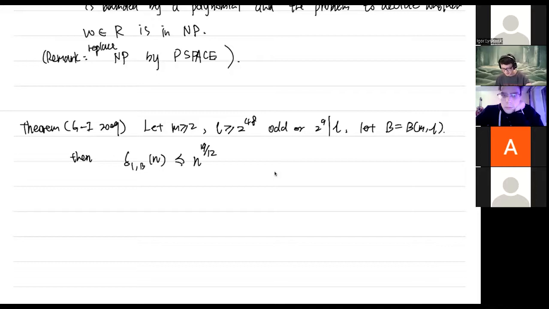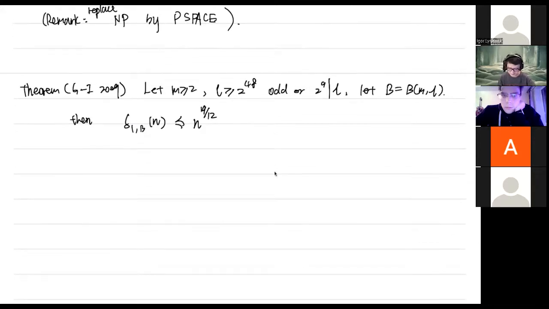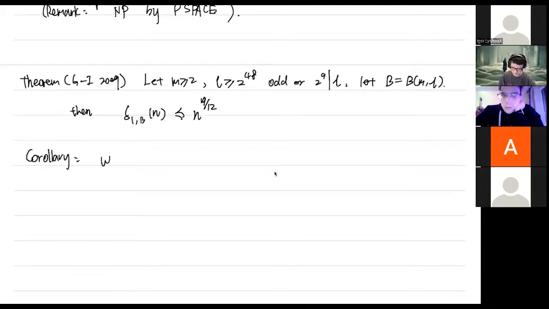So it's bounded by a polynomial of a fraction, and actually it's lower than quadratic. It would be interesting to prove it is between the linear and quadratic functions, but they only give the upper bound. The corollary of this, of course, is that the word problem and the conjugacy problem for this group are in NP.